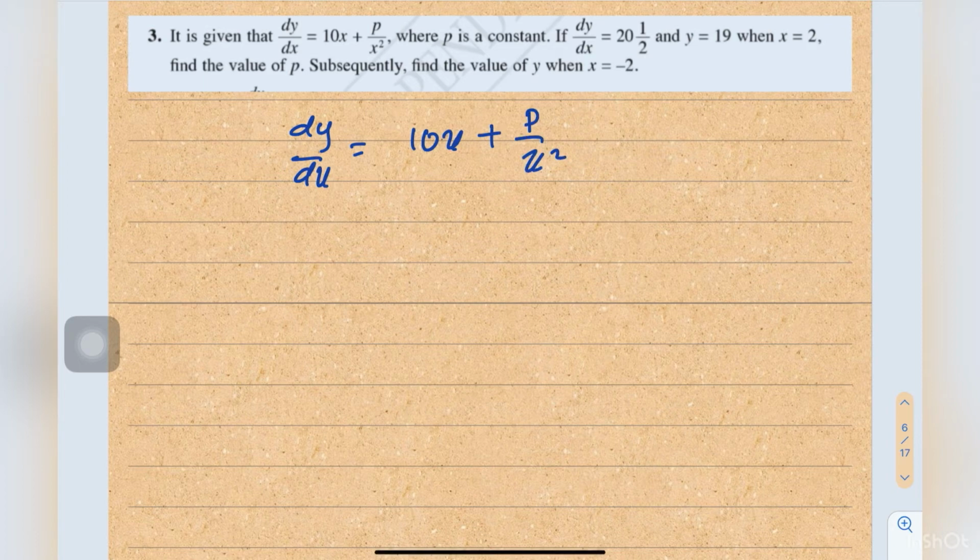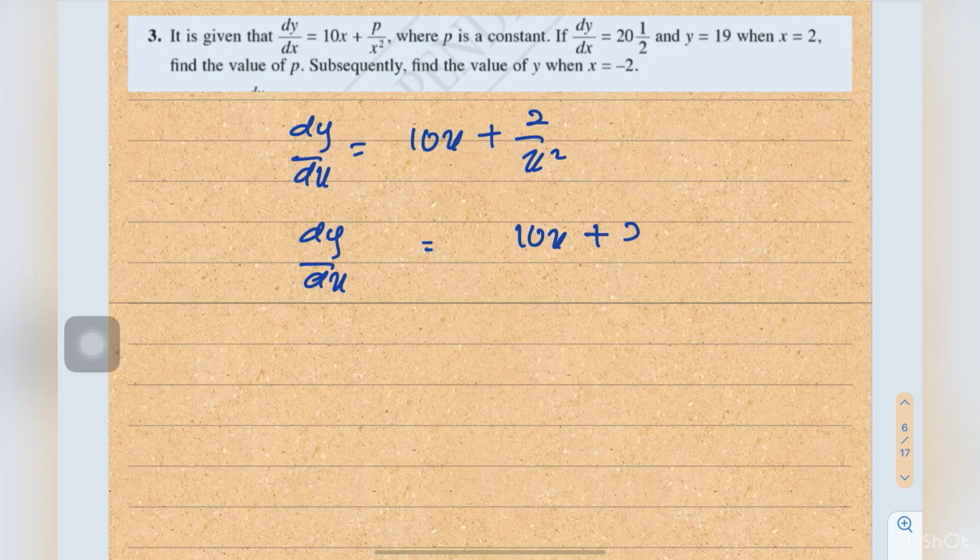You need to find y, the equation of the curve, first. To find y from dy/dx, you need to integrate both sides. So dy/dx equals 10x plus, just now p is 2.